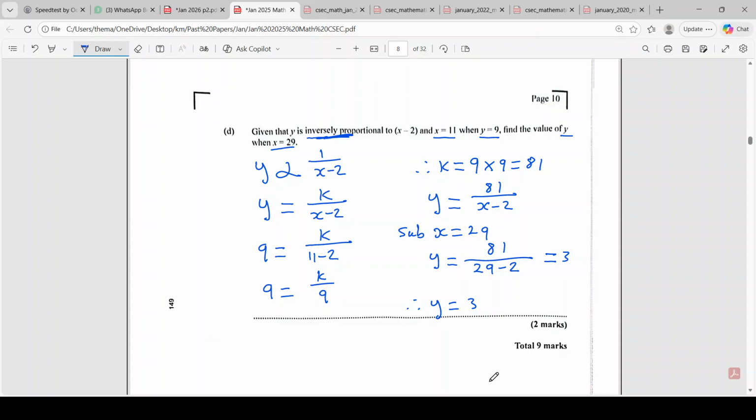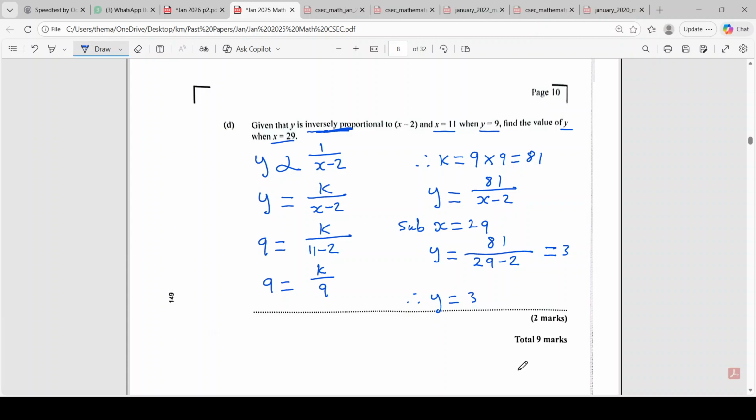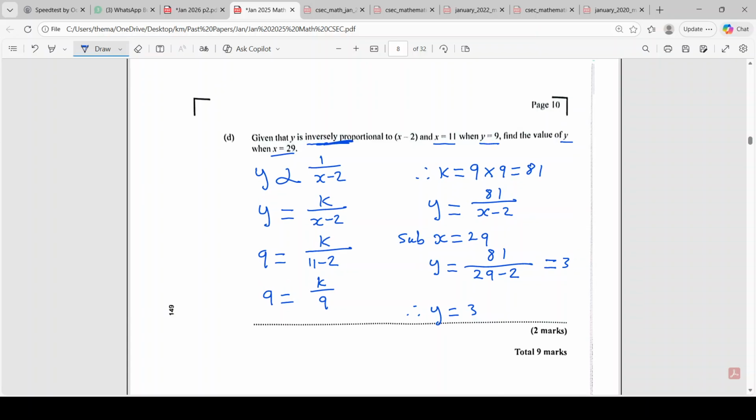Right, so we now finish 2025. How did we all do in 2025? Those that finished, okay, all correct? Adam, all correct? Yes, sir. Okay, good. Chelsea? Yes, sir, all correct.